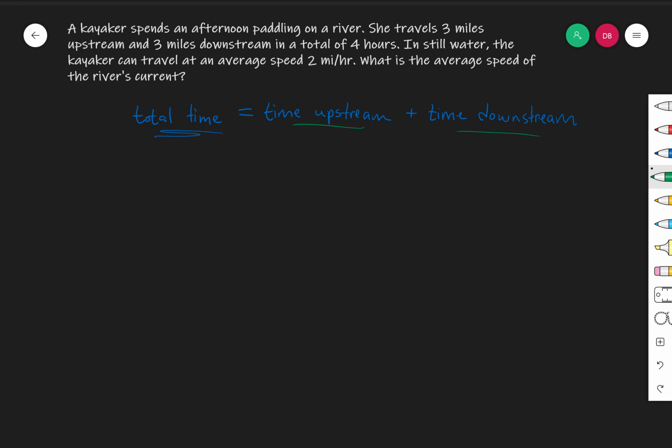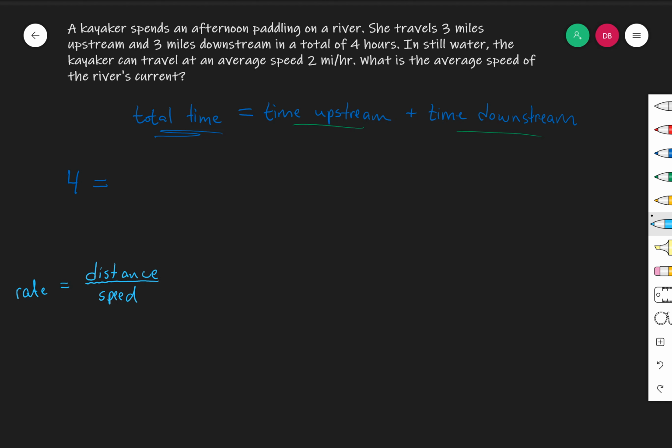So total time is 4 hours. So 4 is equal to what? These are rates, the time upstream and the time downstream. Remember, a rate, which will end up being the time there, is going to be equal to distance over speed, how fast they were going, or average speed.